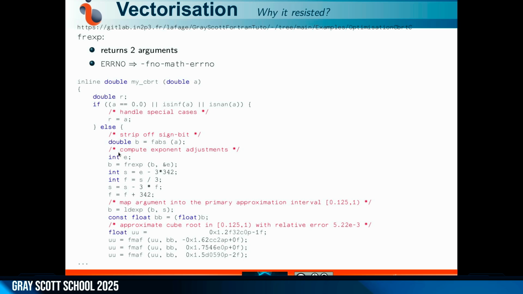Okay, so at this point here, you see that we extract the fraction and the exponent from a floating point number. In doing so, we have a function that returns two arguments, which is maybe not easy to vectorize for the compiler.